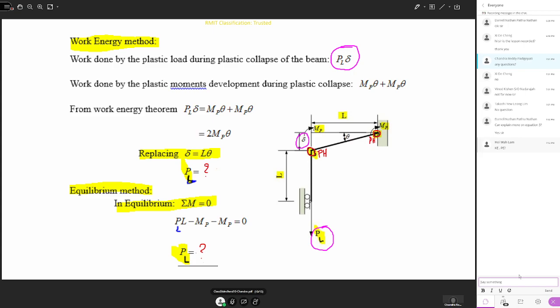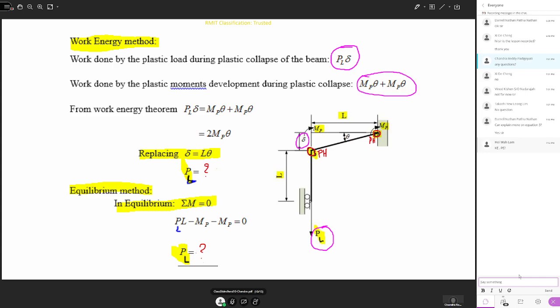Okay, so you can write the work done by the plastic load during plastic collapse of the beam is PL into delta. Then we can apply that the work done is equivalent to energy.